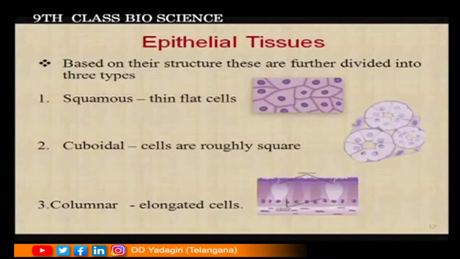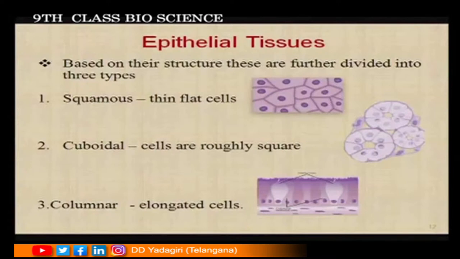The first is the squamous epithelial tissue. If you observe this tissue, the cells are very thin and flat. The second one is the cuboidal epithelial tissue. In this tissue, the cells are cuboidal in shape, or we can say roughly square in shape.